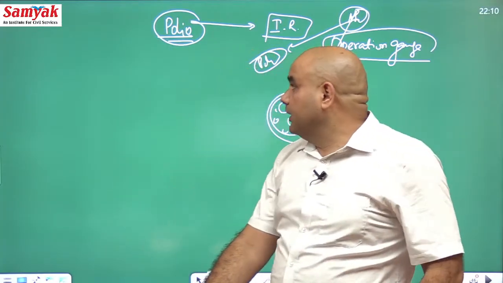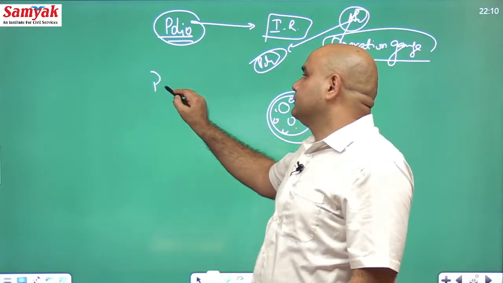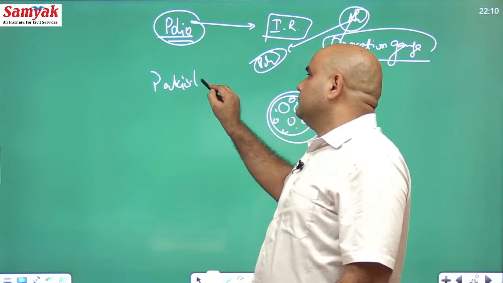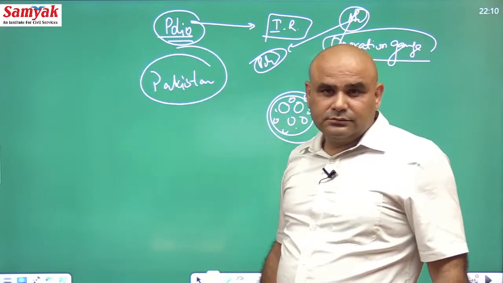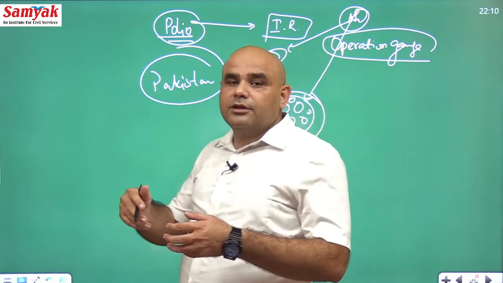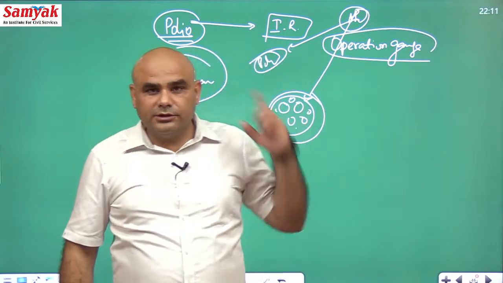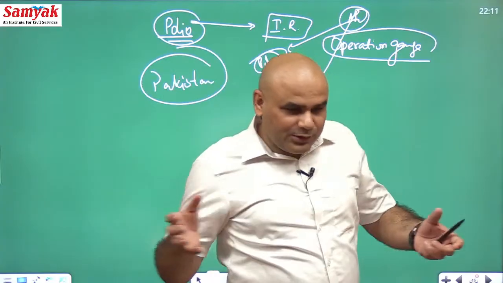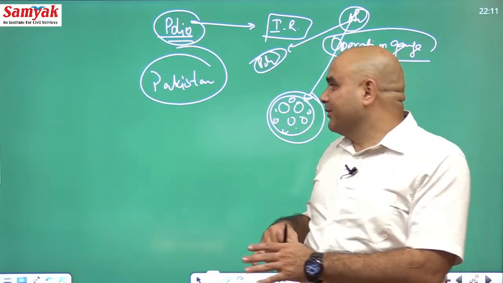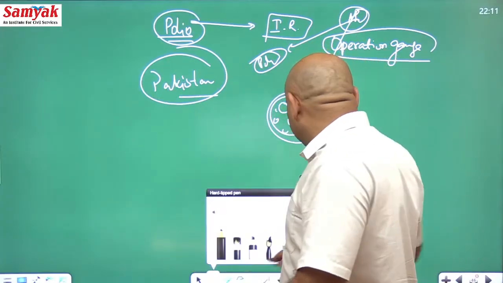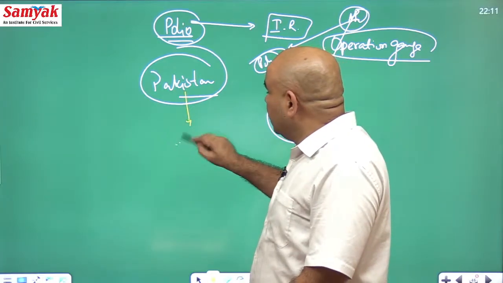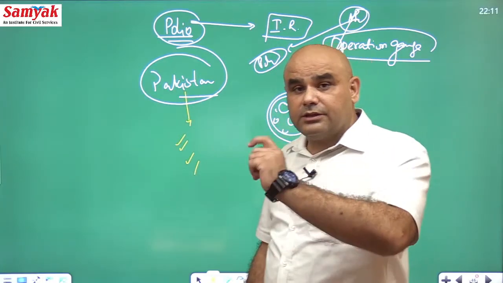In the same way, your neighborhood, Pakistan, I can say Pandora's box of problems is this country. A lot of issues are associated with this country. So this country, these people, they are also carrying a lot of fresh cases of polio.